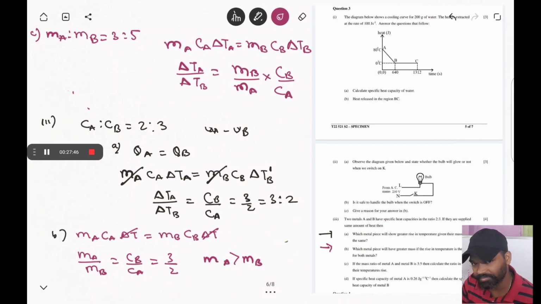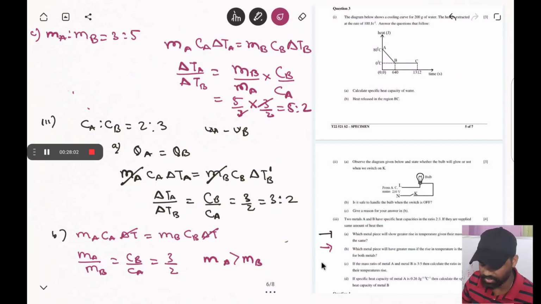Yes or no? Very easy. Substitute the value. Mb by Ma is 5/3, and Cb by Ca is 3/2. So the answer will be 5:2. That's my correct answer.